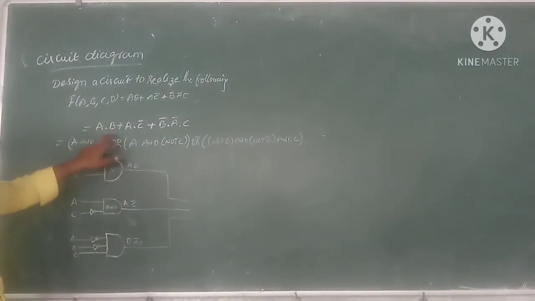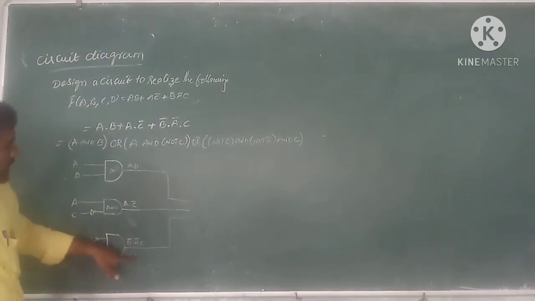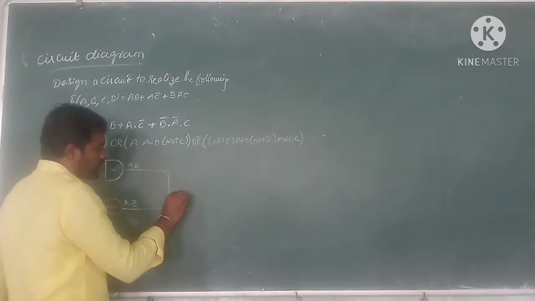We got A dot B, A dot C complement, and B complement dot A complement dot C here. Now just merge these terms to form the equation.